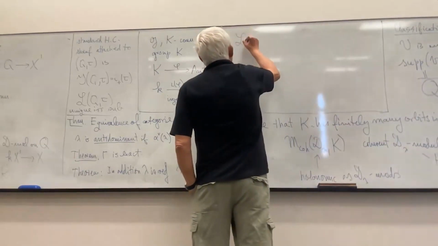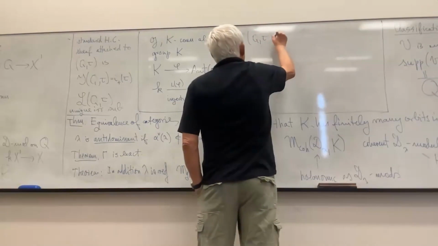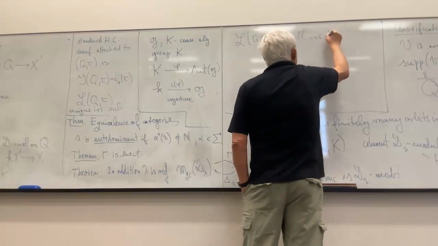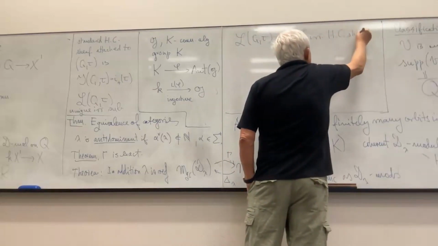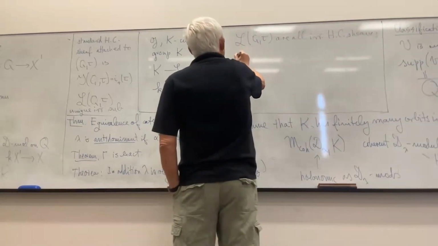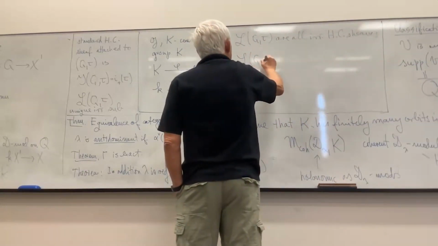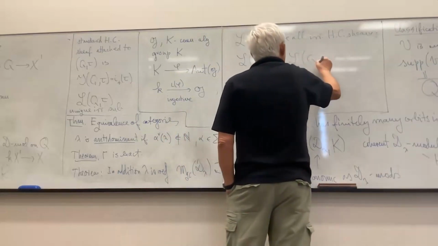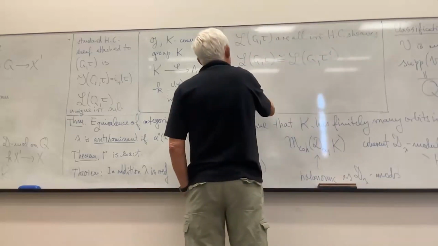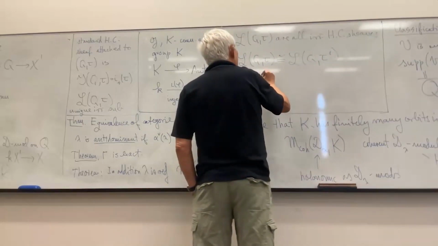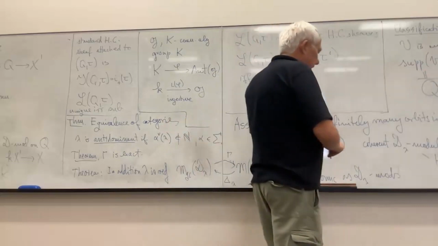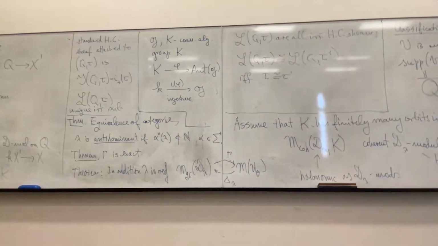So the L(Q, tau) are all the irreducible Harish-Chandra sheaves, and L(Q, tau) is isomorphic to L(Q, tau prime) if and only if tau is isomorphic to tau prime as connections on the orbit. So this gives us the classification of all irreducible objects.